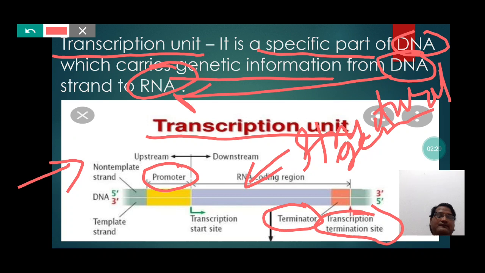So students, the promoter generally remains on the 5-prime end of the DNA, whereas the terminator generally remains present on the 3-prime end of the DNA strand.